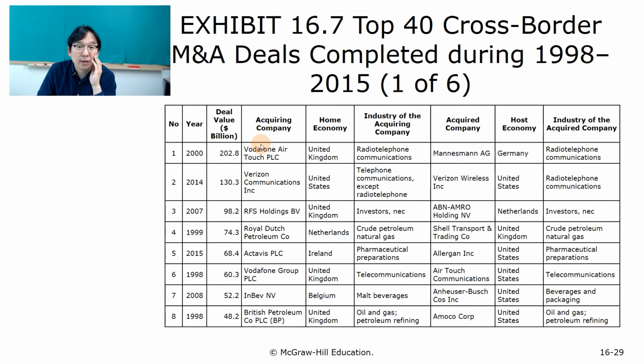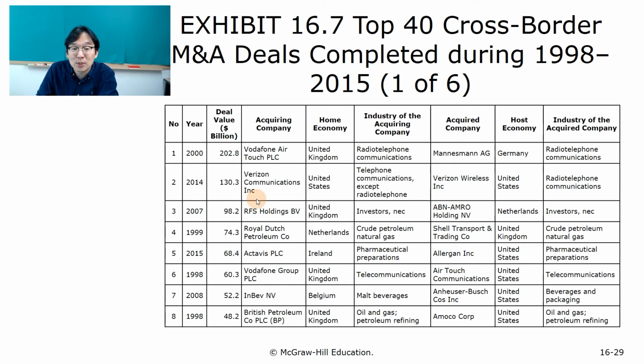this exhibit shows the cross-border M&A deals completed during this period, and then Vodafone AirTouch that happened in 2000, right? I still remember that. Businessmen and then Vodafone AirTouch communication companies, mergers and acquisition.